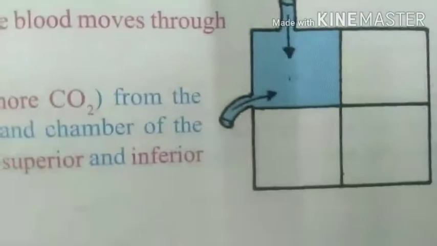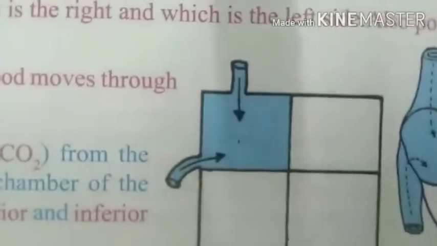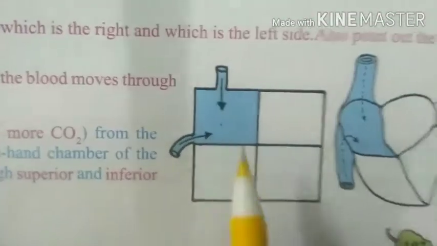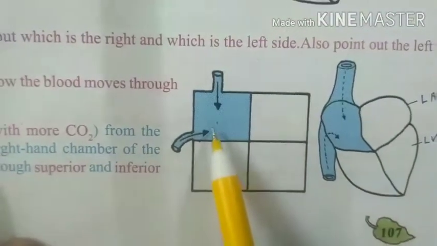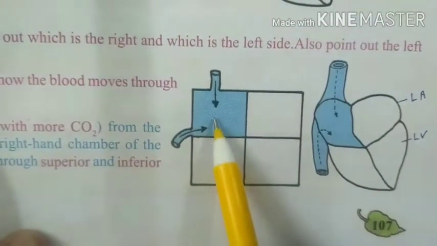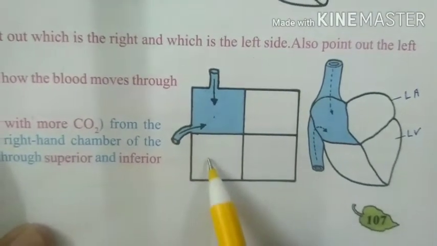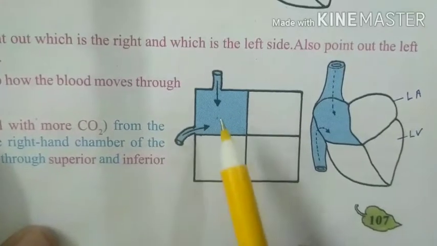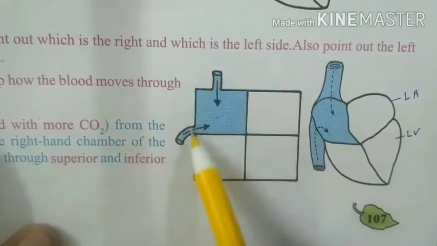Now look at this diagram. Look at this picture. This is the right auricle and this is the left ventricle. These are two veins.